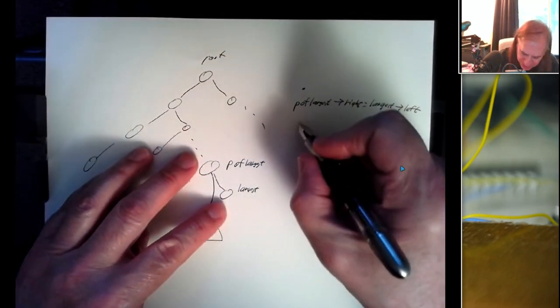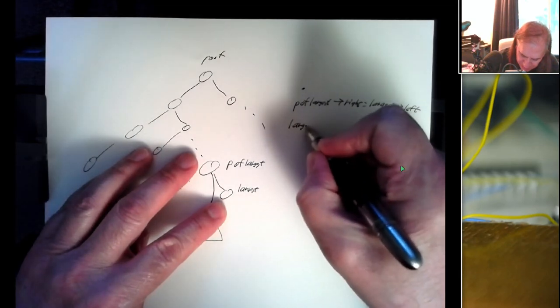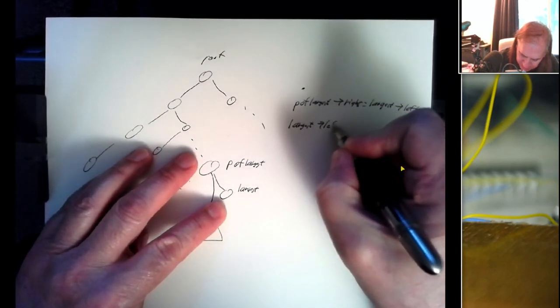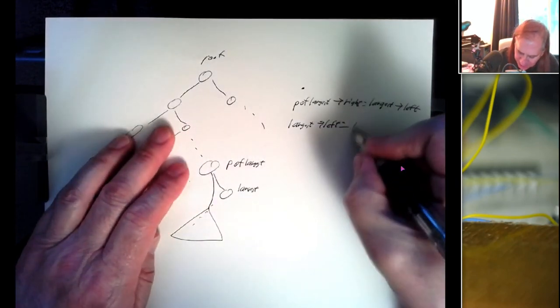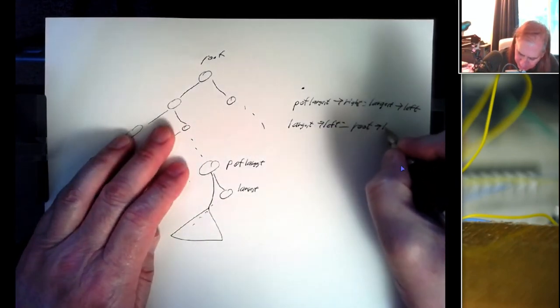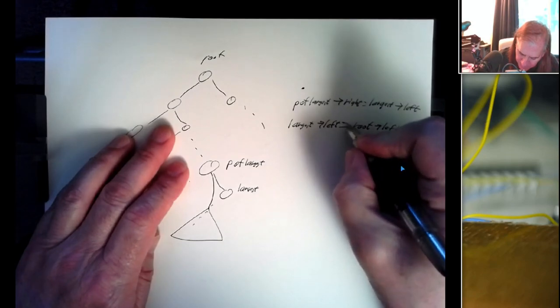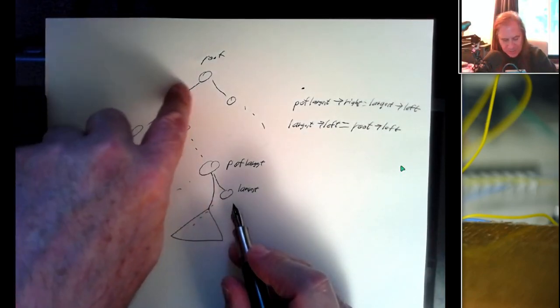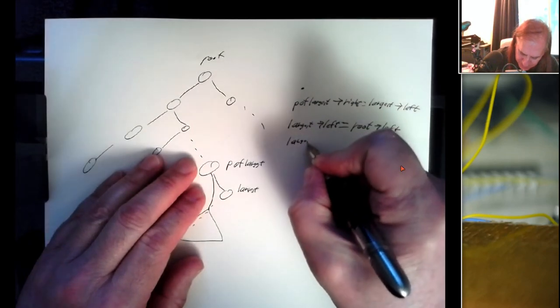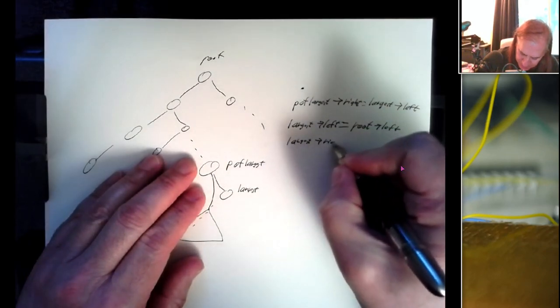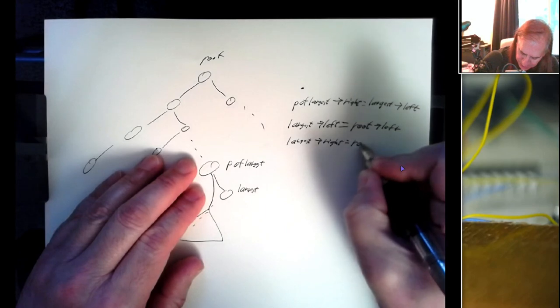And then we could say largest left equals, and we want it to be the root, so we can just set it equal to root left. And that's where this new root adopts the left subtree on its left. And then largest right is just equal to root right.